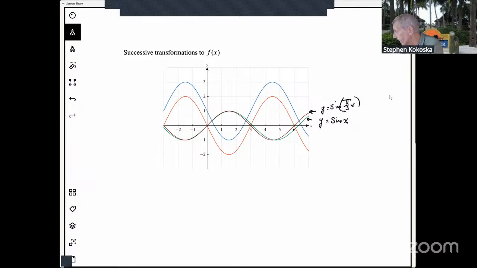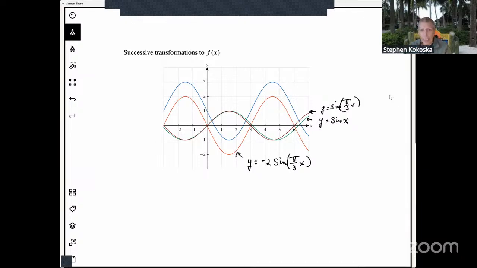Now, the next thing I'm going to do is work to this figure right here. So that's my sine of pi over 3x, but it's got an amplitude of 2, and it's reflected about the x-axis. So that curve is actually y equal to -2 times the sine of pi over 3 times x. How about that?